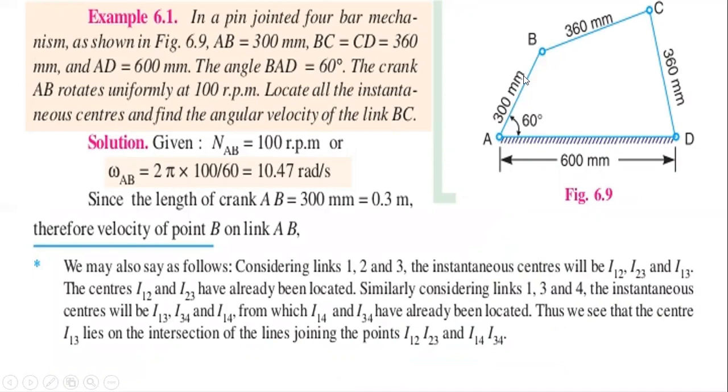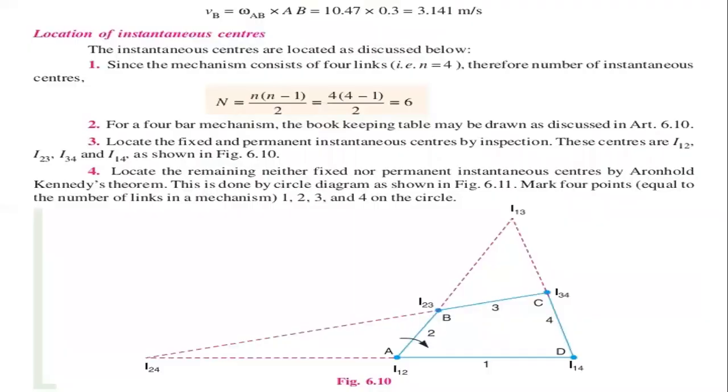That is why we are taking the length of AB and the angular velocity of AB. So in total we got 10.47 into 0.3, that is 3.141 meters per second.